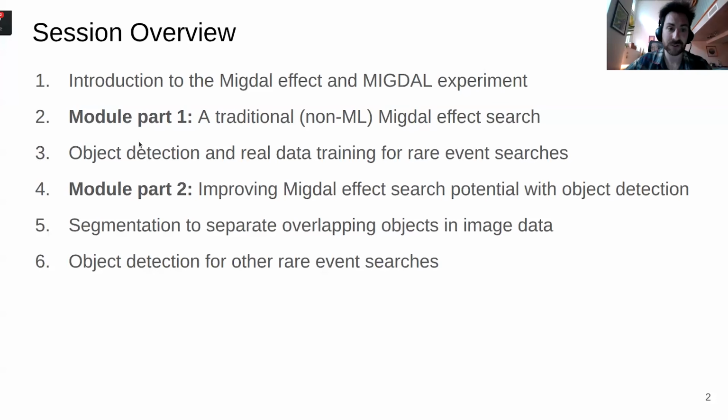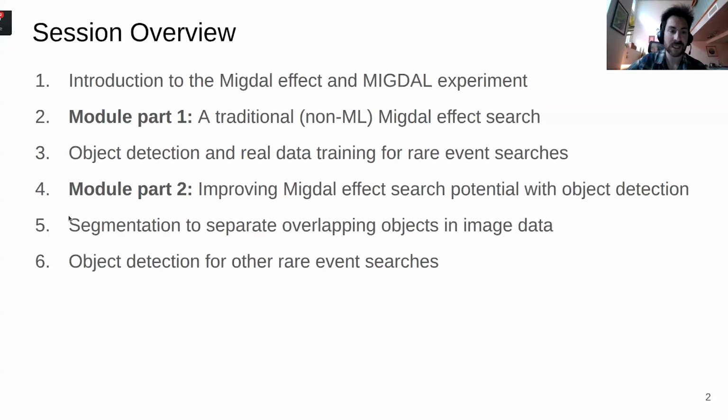I'll introduce object detection and how we can apply it for real data training for our rare event search. Then for the second part of the module, you'll apply an object detection pipeline to search for the Migdal effect, and you can compare that performance to our traditional baseline search. If there's time at the end, I'll talk about some extensions.